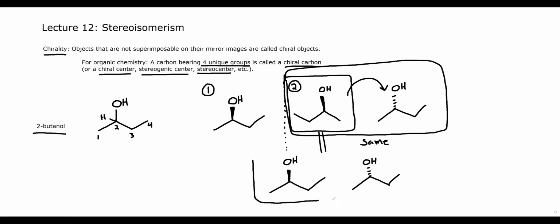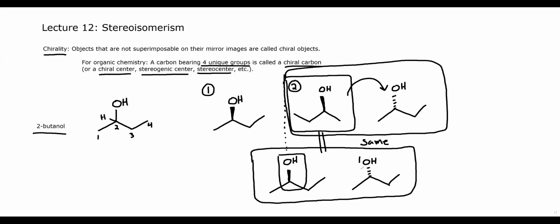So we've drawn the mirror image of 2-butanol right here, and then we've simply flipped it so that the carbon skeletons look the same. And you can see after our little transformation, all that happened is we took the wedge and we changed it to a hash. So if that didn't quite make sense, I would rewatch that section again.